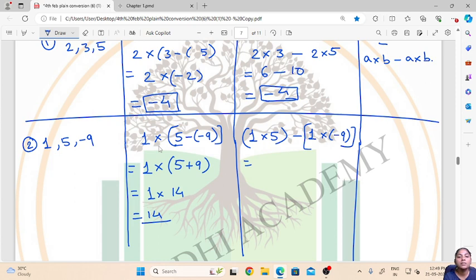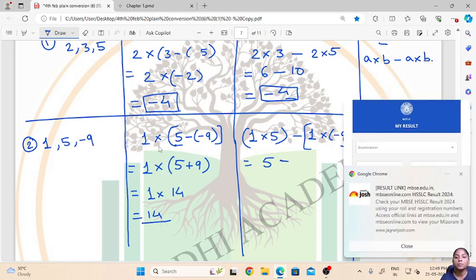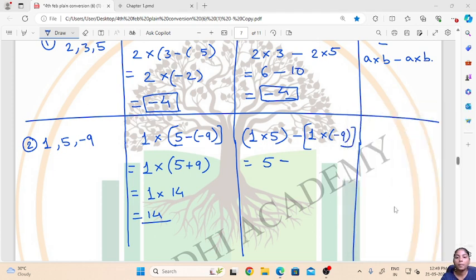In this case we have 1 multiplied by 5, which is 5, minus 9 multiplied by 1. 9 ones are 9. So minus minus will be plus. So we will have 5 plus 9, which is again 14. So yes, it is true.